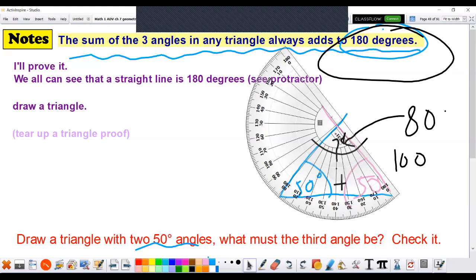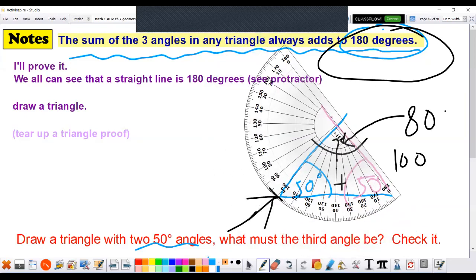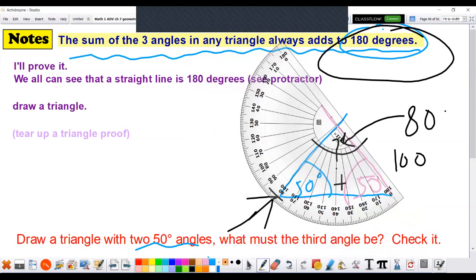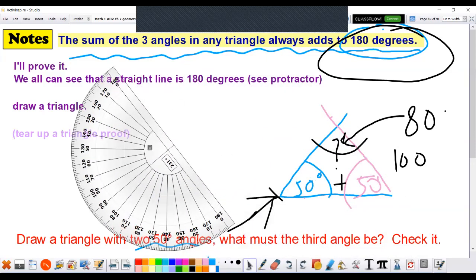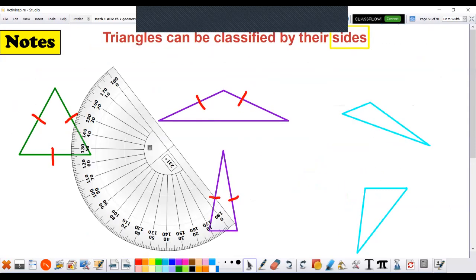It's a terrible drawing, but that number right there is 80. It doesn't matter how big or small, it's 80. Every triangle is 180 degrees: 50, 50, and 80 makes 180. Sometimes we like to classify the triangles.